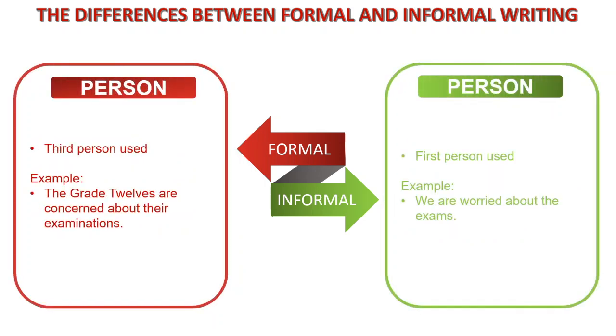The third person is used in formal writing, but we use the first person in informal writing. In other words, you avoid using the pronouns I, me, and we in formal writing. We rather say, "The grade 12s are concerned about their examinations," instead of "We are worried about the exams."